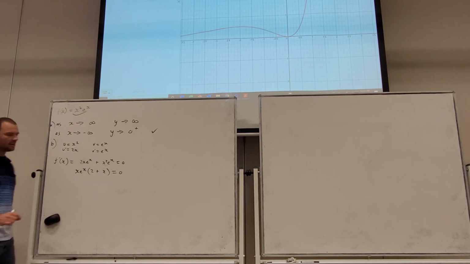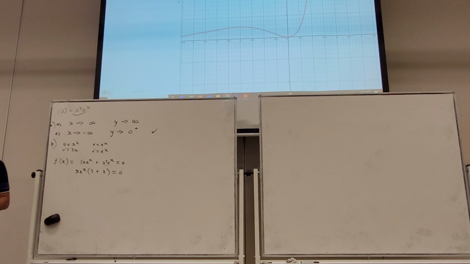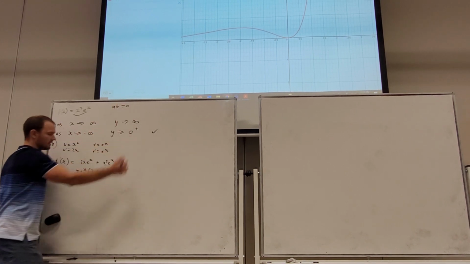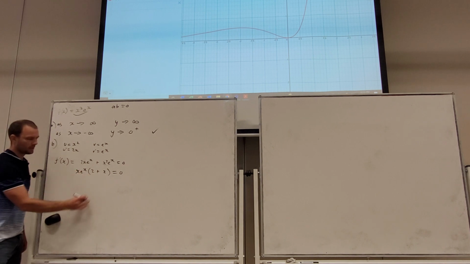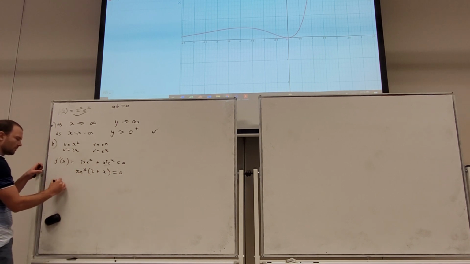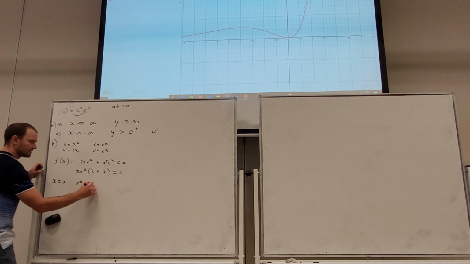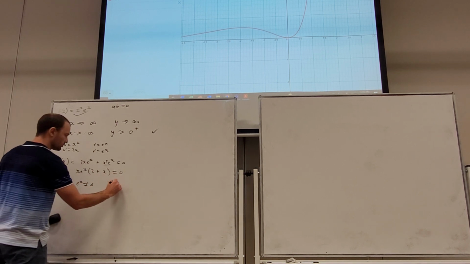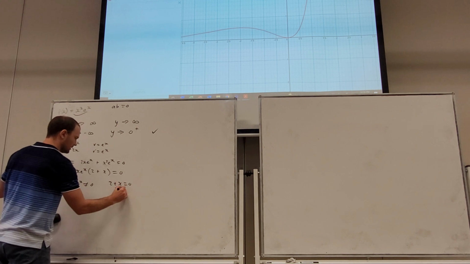And now we're going to apply the null factor law. Traditionally, when we apply the null factor law, we go a times b equals 0, a is 0, b is 0. Here we've got 3 possible candidates, so we're going to consider all of them. We've got x is 0. e to the x never equals 0, so we don't need to consider that as a solution. And then the other one is 2 plus x is 0, x is minus 2.